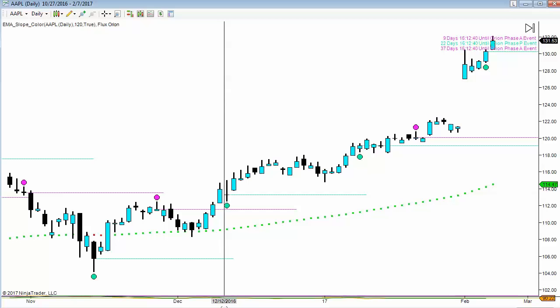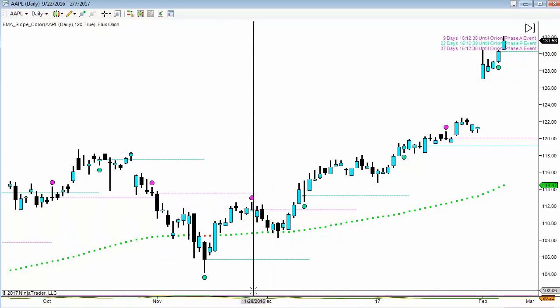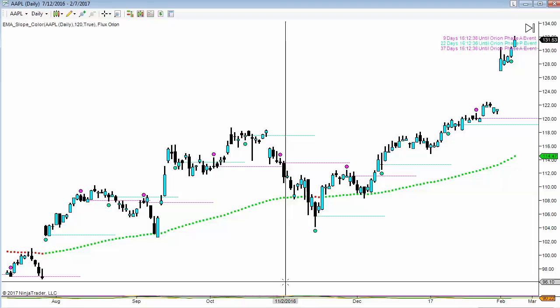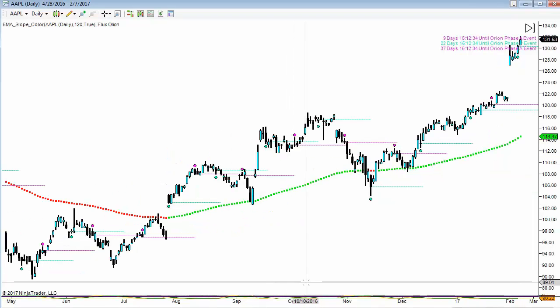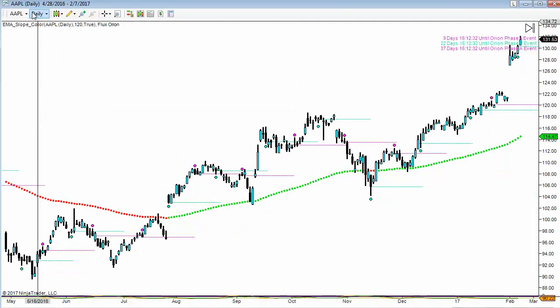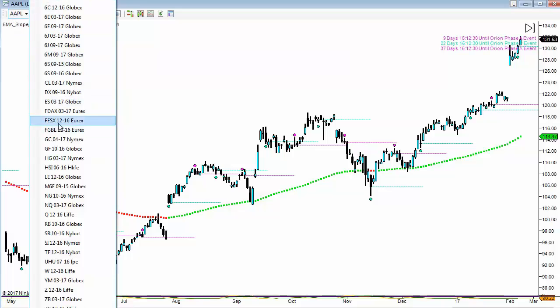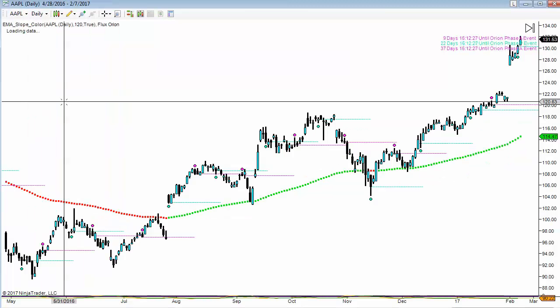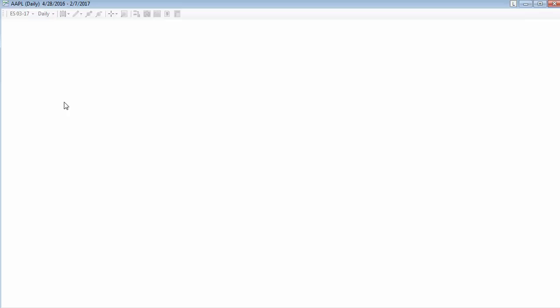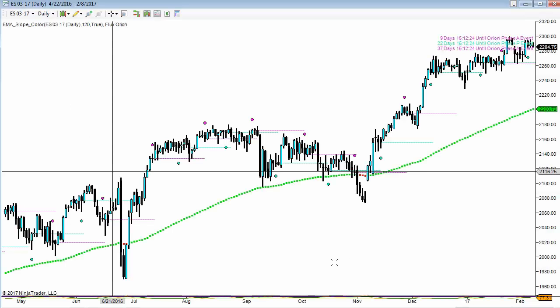Okay, so it's a lot easier to see the signals when there are fewer of them. Here's Apple again. I'm going to go back and start where we were at the E-mini S&P. That's what most of you are looking at.